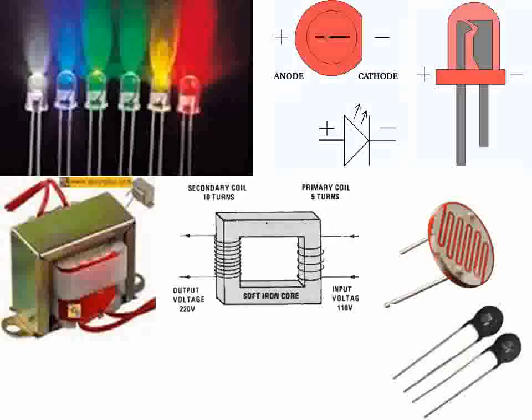And at the last there are two capacitors of black color. These are known as capacitors made of ceramics. They can be used for storing charge. They can also be used for filtering current, that is as a filter, and in various other applications.